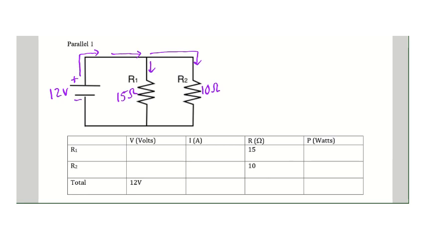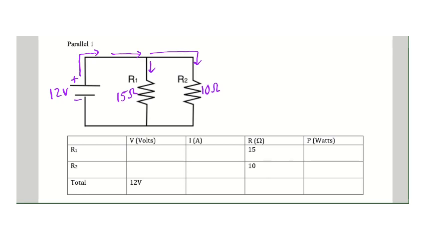So let us find the total resistance because that is the first step in any circuit. What we're going to do is apply the rule for resistance in parallel. The rule for resistance in parallel was reciprocals add.